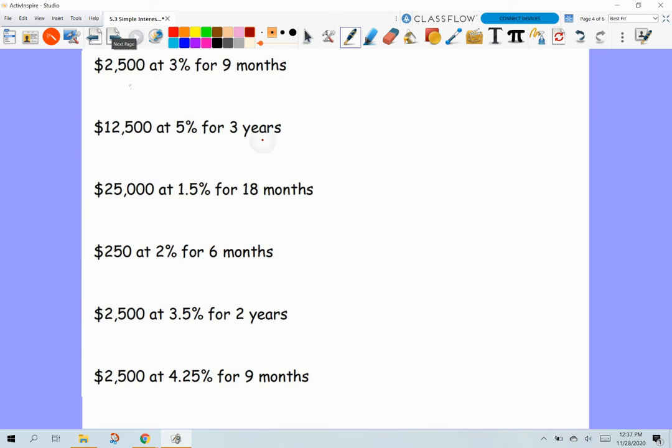So I've got $2,500. That's my principal being invested at 3% for 9 months. That's how I would set that up. $12,500 at 5% for 3 years.